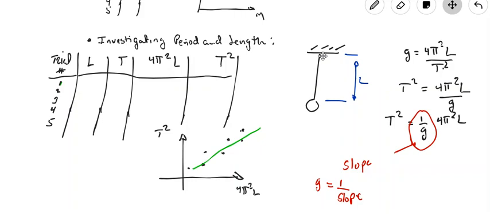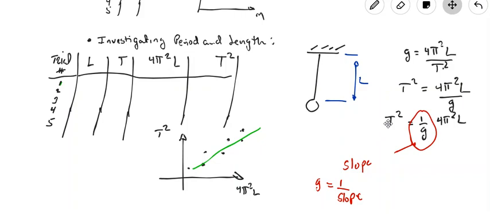In this case, we know that the gravity g is equal to 4 pi squared times the length divided by the square of the period. If you solve for the square of the period, you get that the square of the period is 4 pi squared times the length, divided by the gravity.